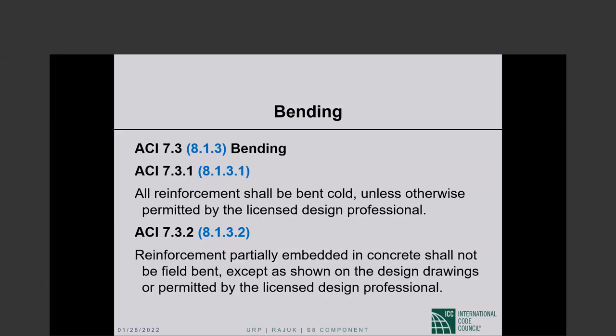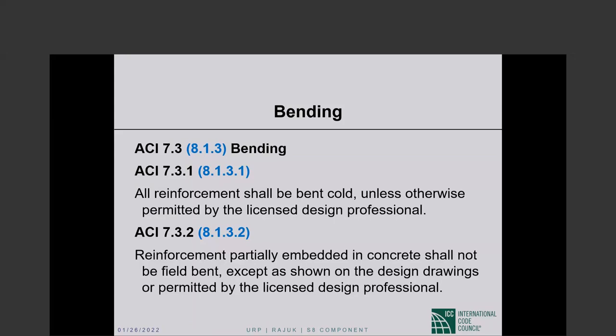Reinforcement partially embedded in concrete shall not be field bent. This is very serious restriction. Shall not be field bent, except as shown on the design drawings and permitted by the licensed design professional. Has to be shown on the drawings or permitted, not and.